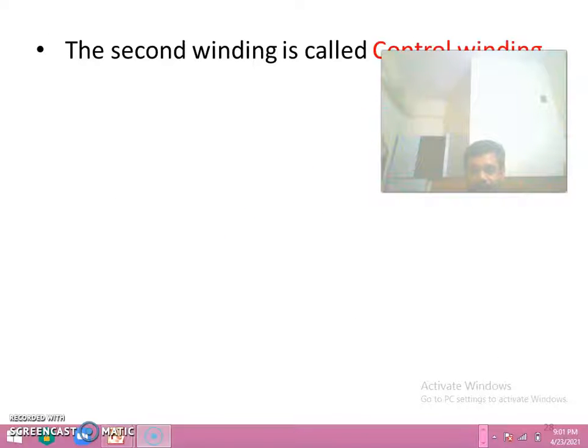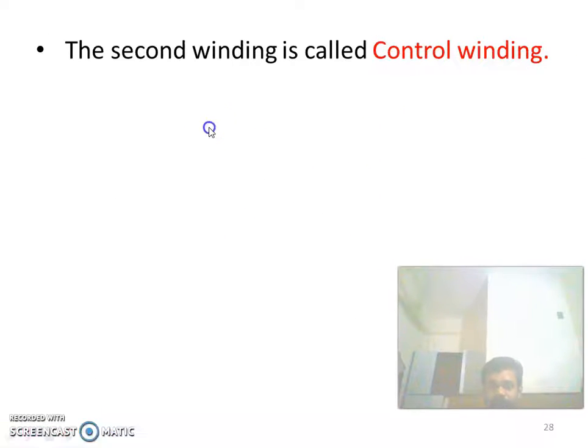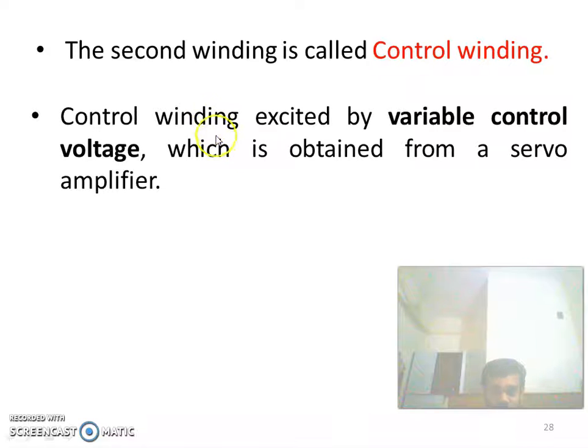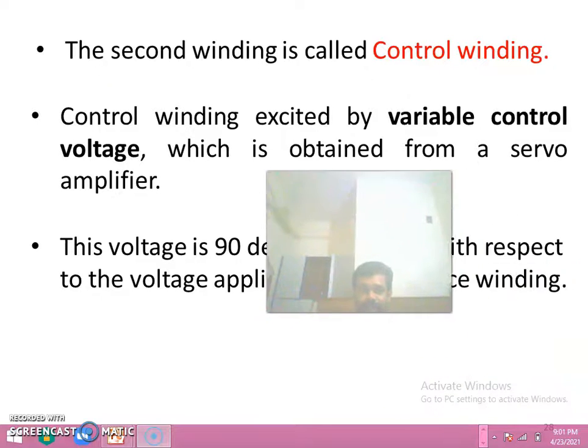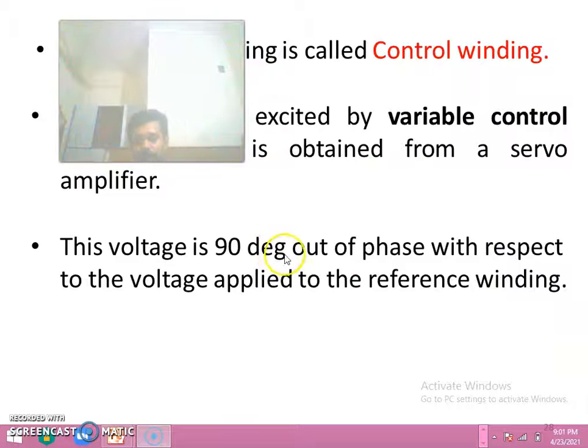The second winding is called the control winding. The control winding is excited by a variable control voltage which is obtained from a servo amplifier. This voltage is 90 degrees out of phase with respect to the voltage applied to the reference winding.